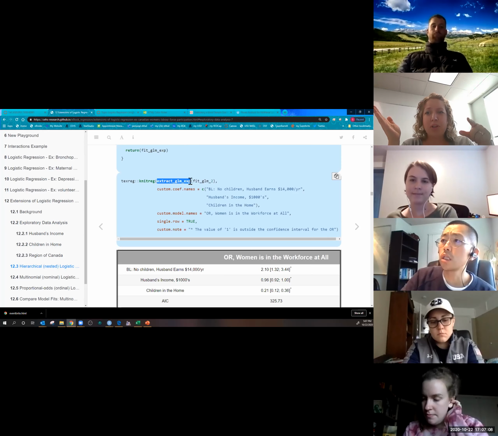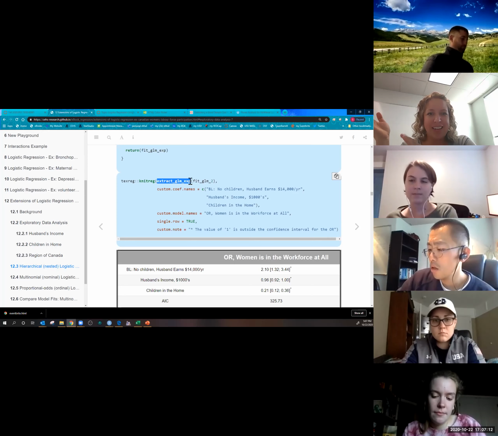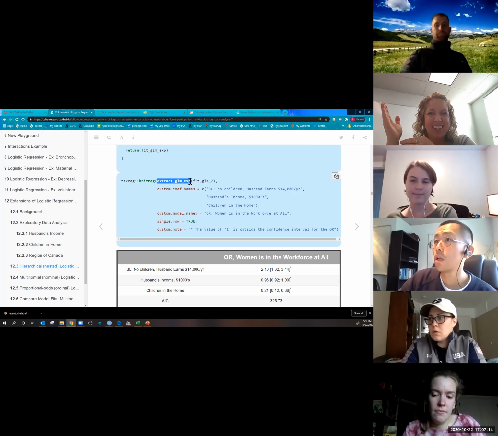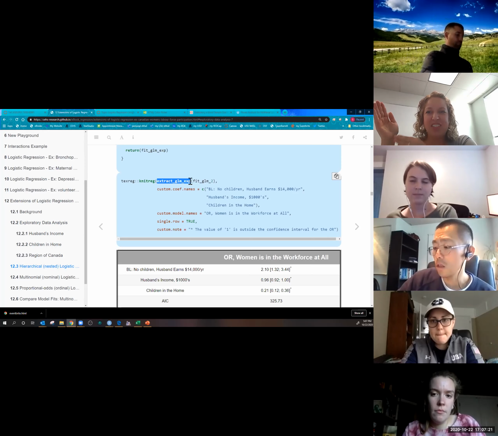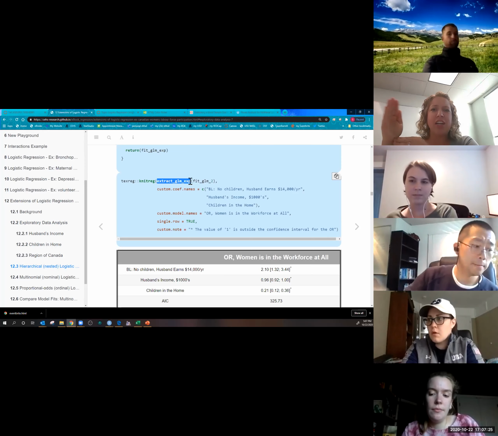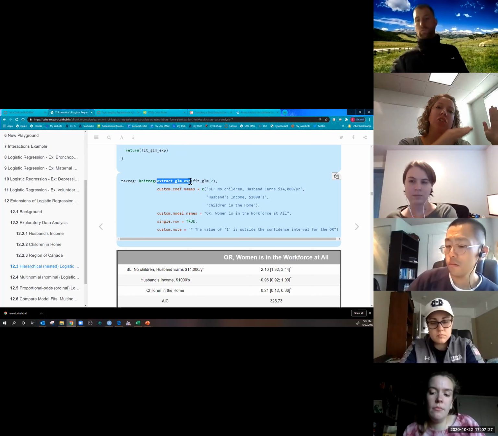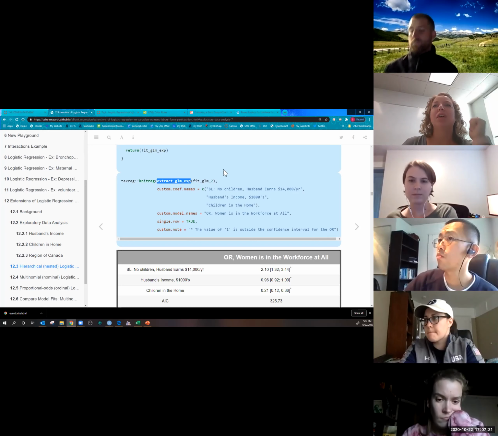Interpretability, because the parameters start out on what scale? Log odds, or log logit, which is terrible to think about. So when we exponentiate it, it goes from log odds ratio to plain odds ratio.